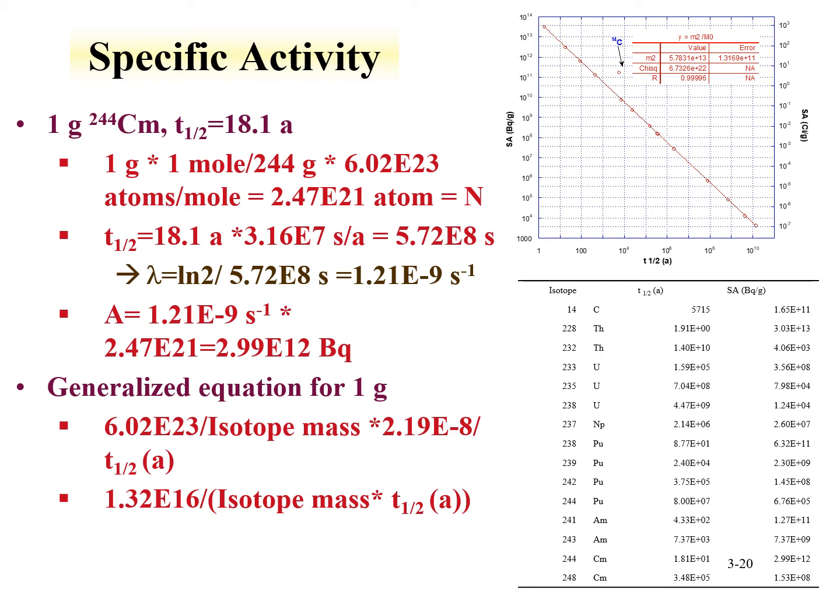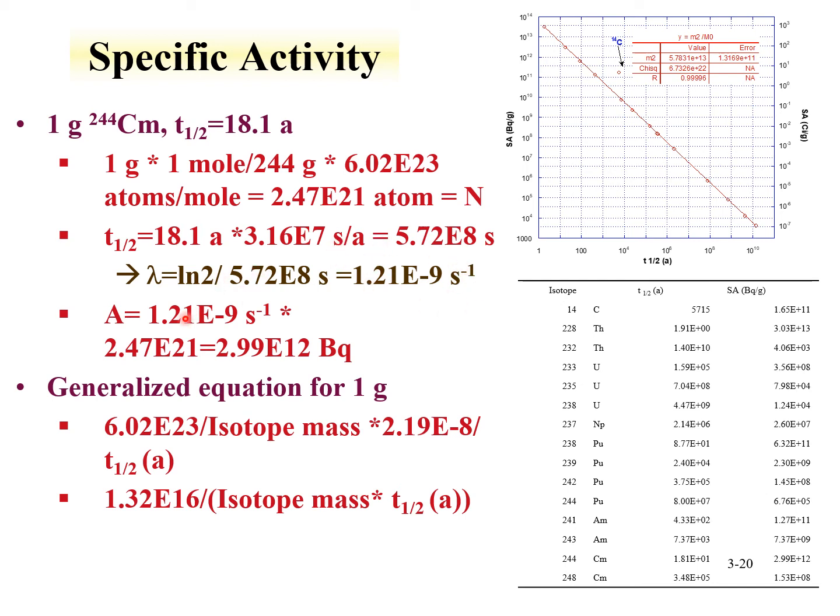If we look at some other isotopes, for specific activity, a gram of curium-244, the half-life is 18.1 years. For 1 gram, we get so many atoms from the atomic mass of 244 grams per mole times Avogadro's number. We convert the half-life from years into seconds, so we get a decay constant listed here.